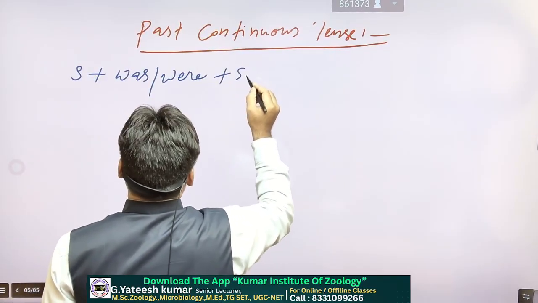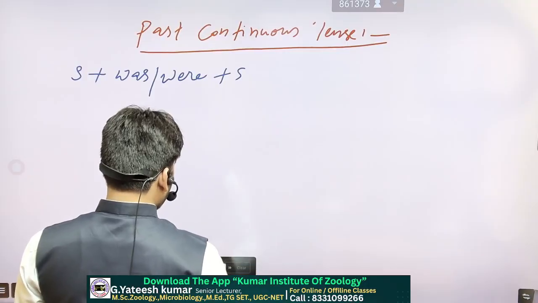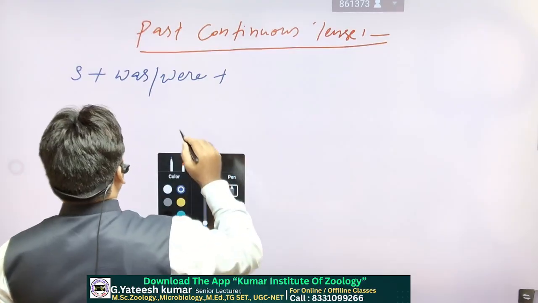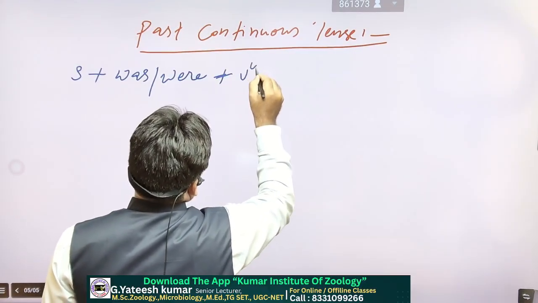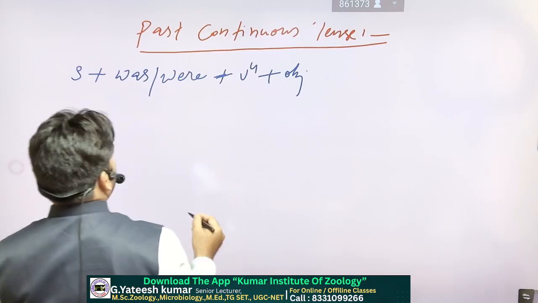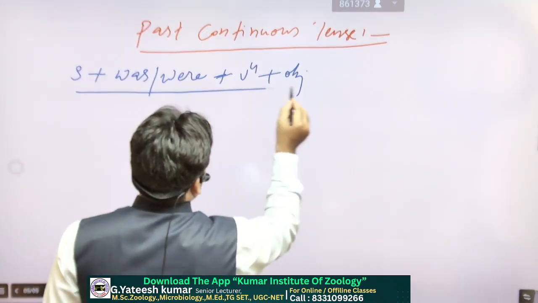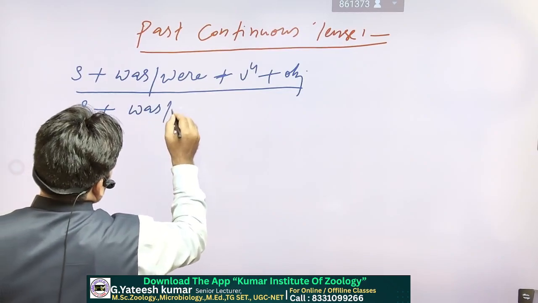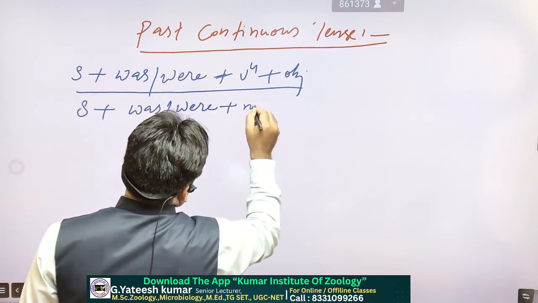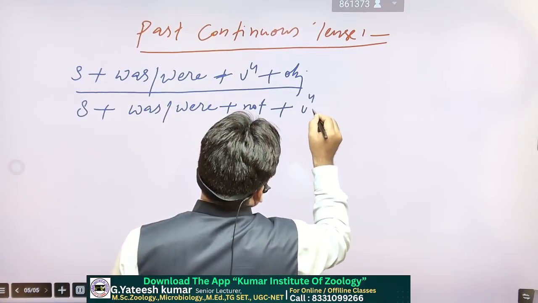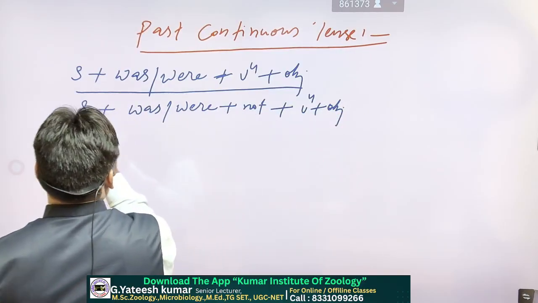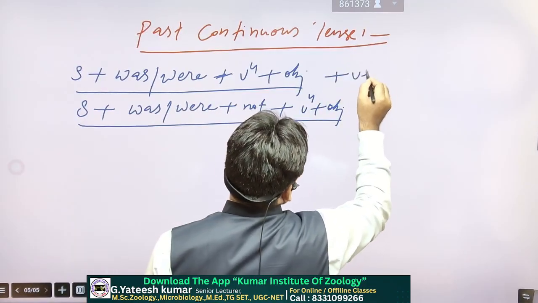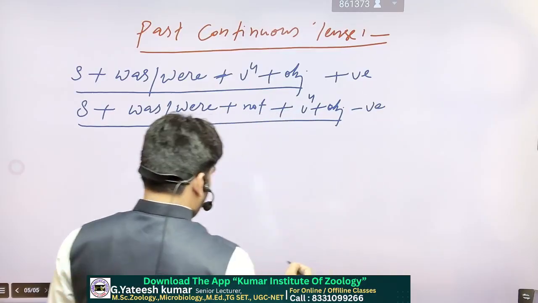Then subject, was, were, ing form and object for affirmative positive. For affirmative negative, subject, was, were, not, ing form and object. So this is our affirmative positive and affirmative negative for passing information.